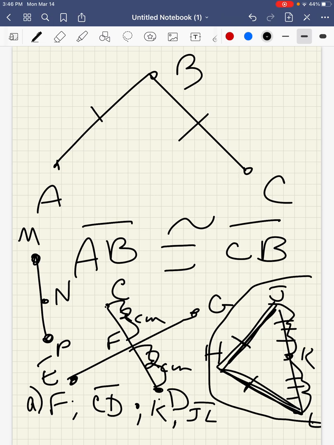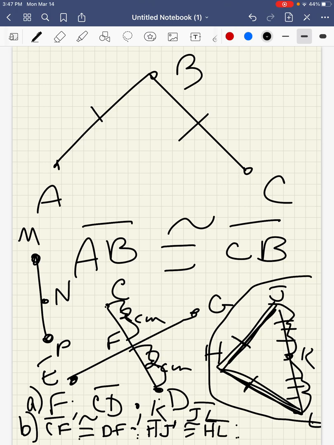All right, then letter B says name all of the congruent segments. Use the congruent symbol to write your answers. All right, so letter B, congruent segments. That would be CF is congruent to DF. And what else? HJ is congruent to HL.